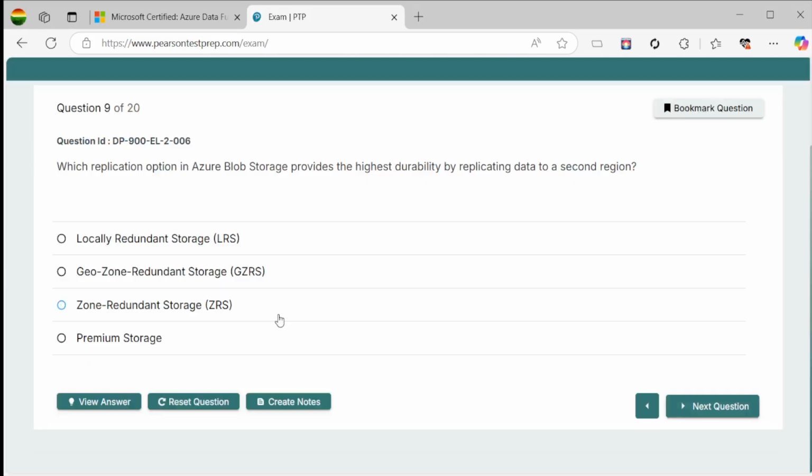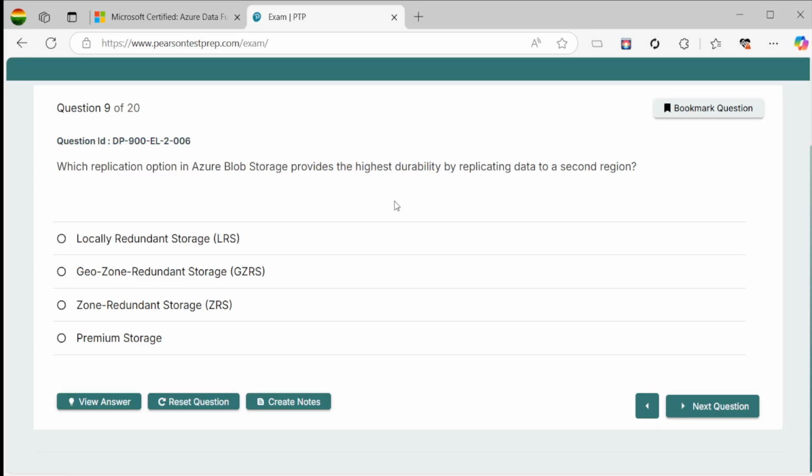Which replication option in Azure Blob Storage provides the highest durability by replicating data to a second region? Locally redundant storage, or LRS, geozone redundant storage, or GZRS, zone redundant storage, ZRS, or premium storage? The key here is Azure Blob Storage, and we're looking for replication to a second region. If you're familiar with availability zones from the AZ-900 certification, you'll recall that availability zones are data centers within a specific region.